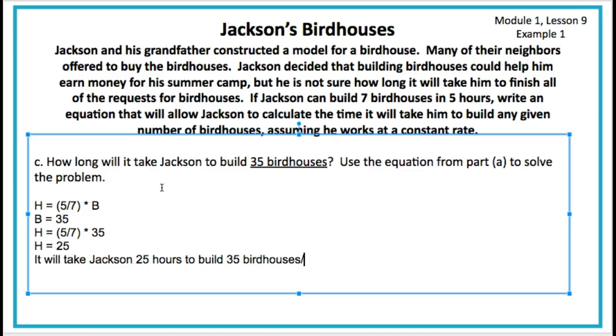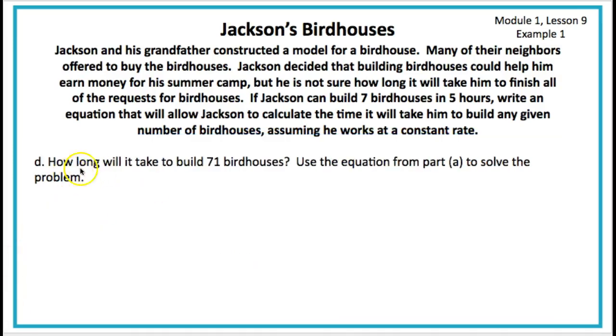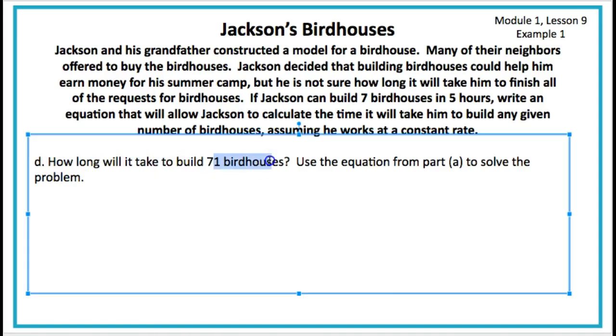Now let's look at part D of example number 1. How long will it take to build 71 birdhouses? So we know this is important information, so we'll go ahead and underline that. Use the equation from part A to solve the problem.